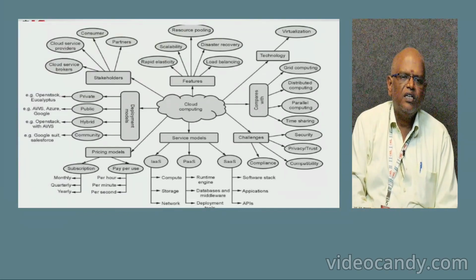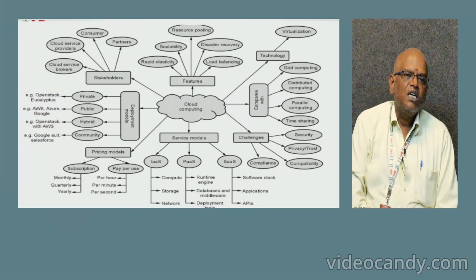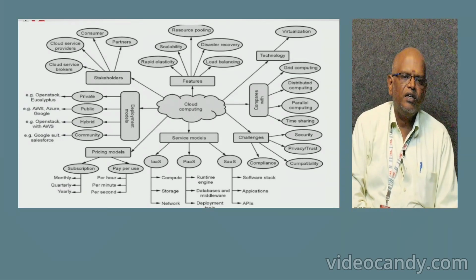The next one is the stakeholders. There are different types of stakeholders available in a cloud computing environment. The first one is the cloud service providers, like AWS, Microsoft Azure and Google. Then the consumer: we are the consumer and end user.